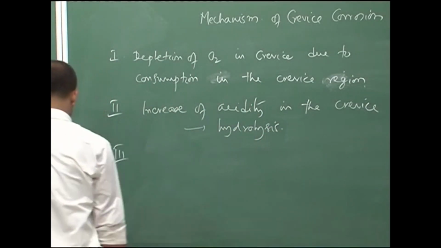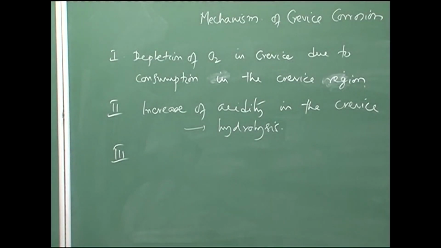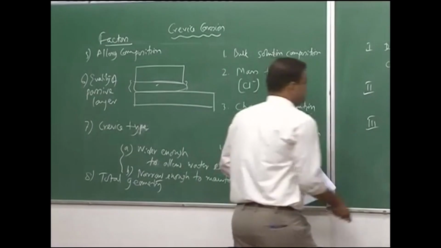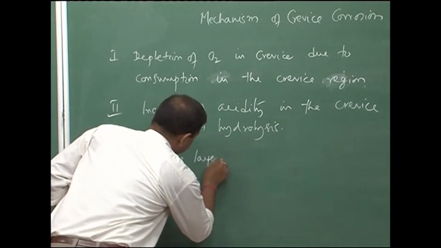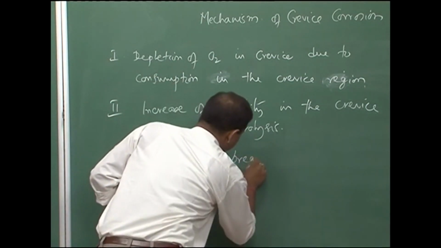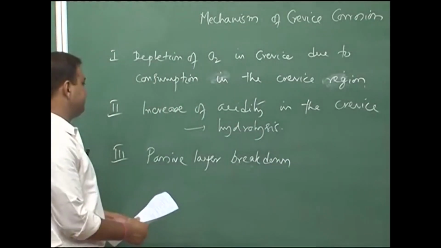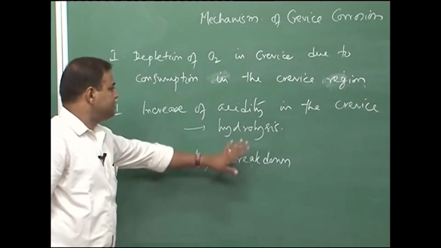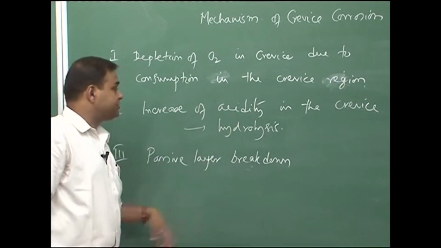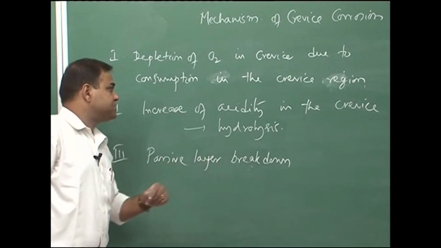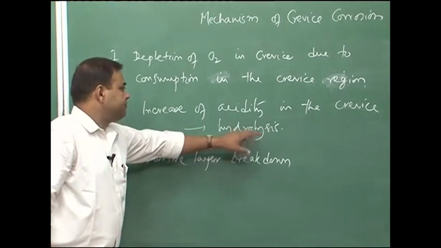Third stage, if the system is a passive metal, in that case there could be possibility of passive layer breakdown, and this passive layer breakdown is accelerated due to the increase in acidity in the crevice. And for these two things we can use the concept of Pourbaix diagram.